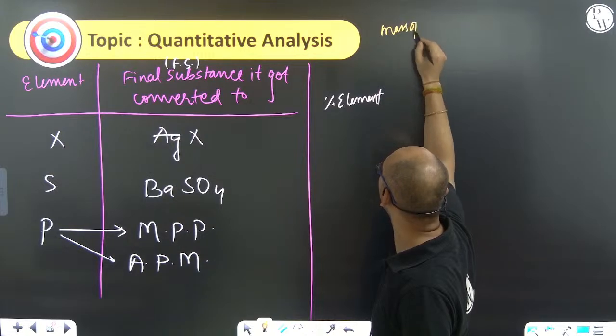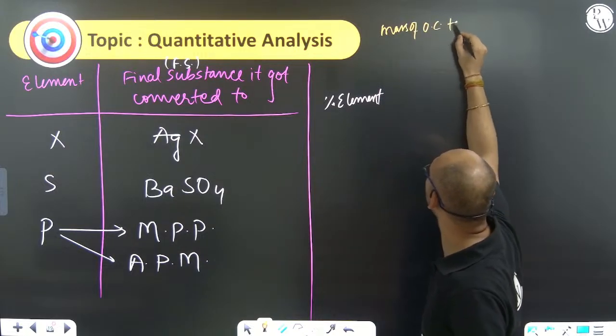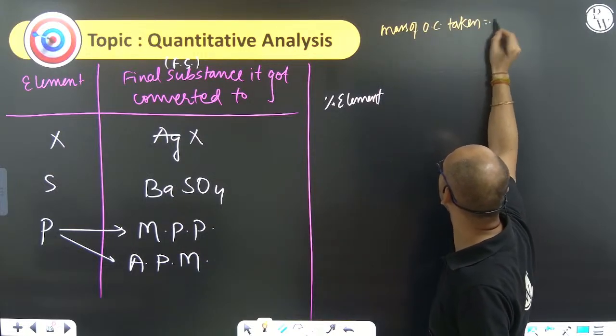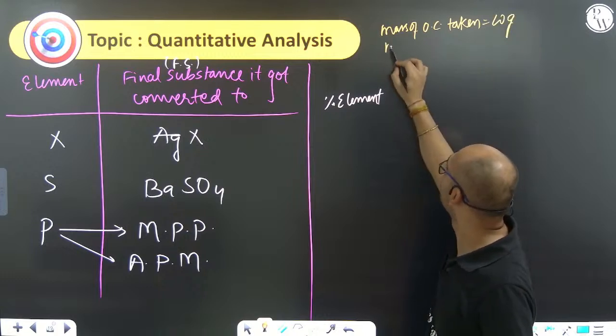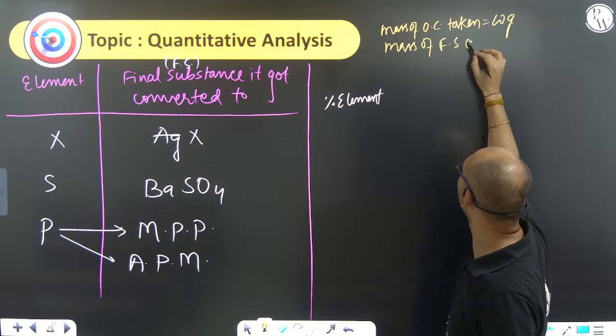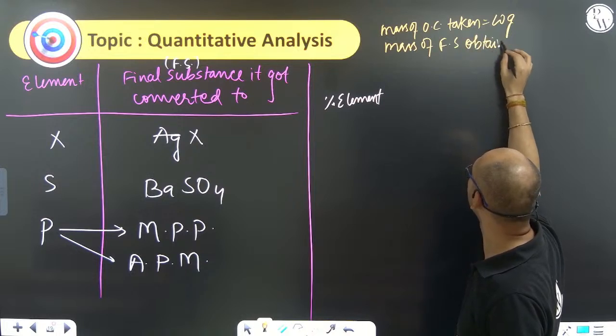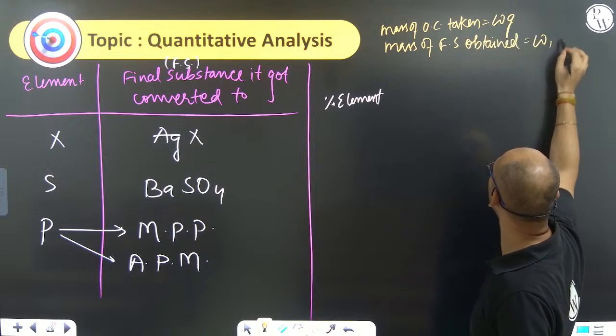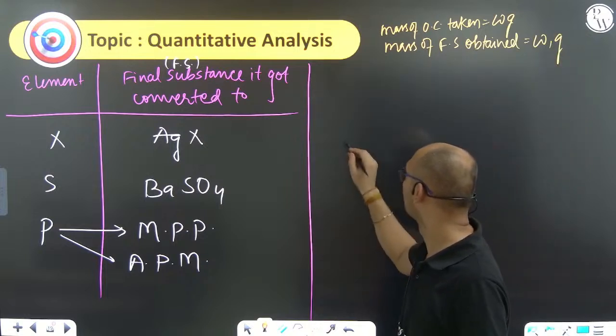mass of organic compound taken is W gram, and mass of final substance obtained is W1 gram. Okay, so what is the formula?